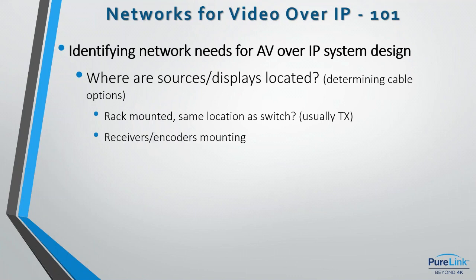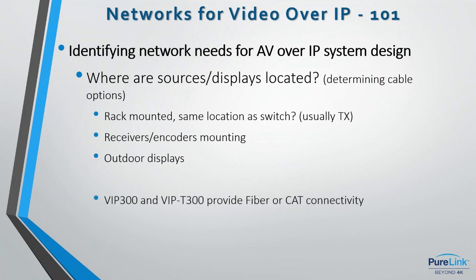Our receivers are designed for mounting near the display, although we do have rack plates for receivers as well. So those are easily mounted near the display. And then, of course, you have to think of outdoor displays in some cases. Really what we're addressing here is greater distances from the network switch.